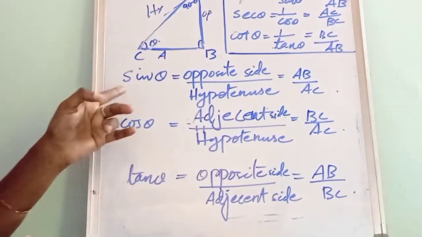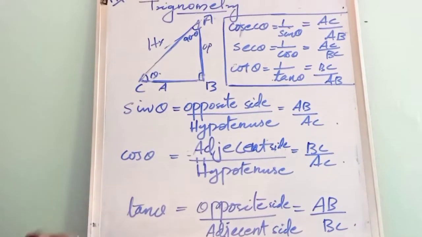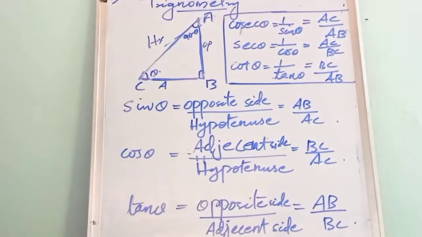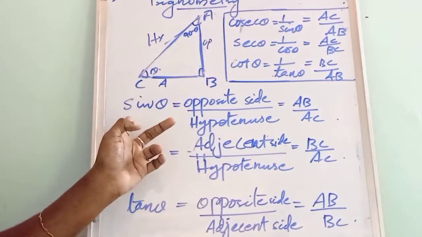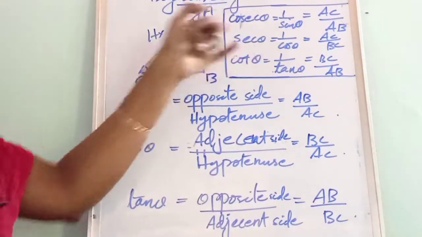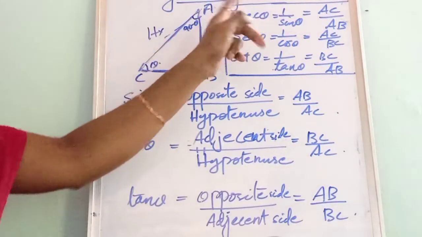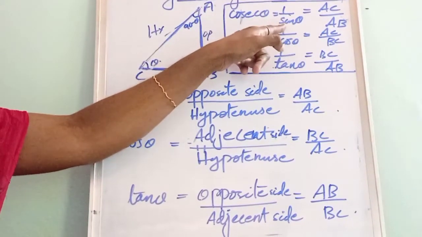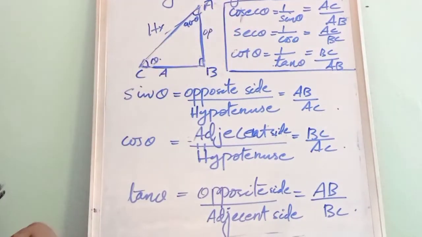Then we can take the reciprocal of these three functions. The reciprocal of sin theta, that is 1 by sin theta, is called cosec theta.